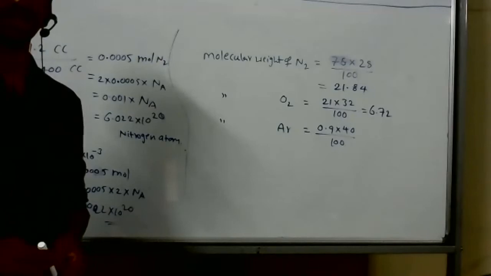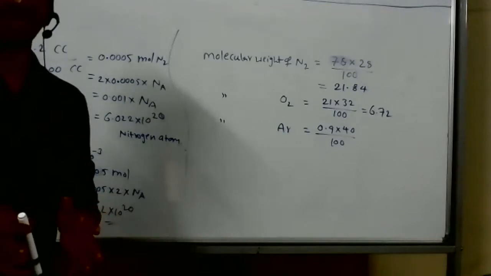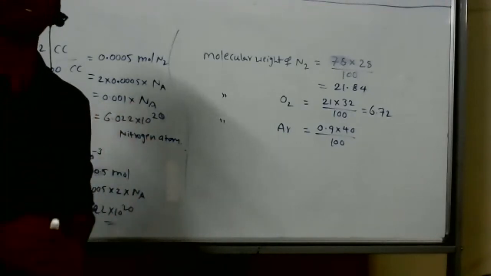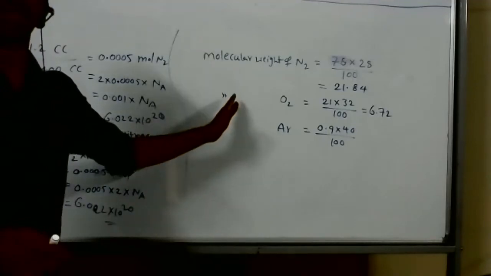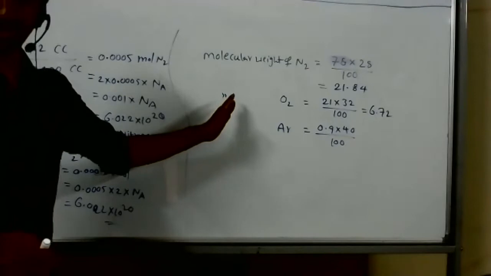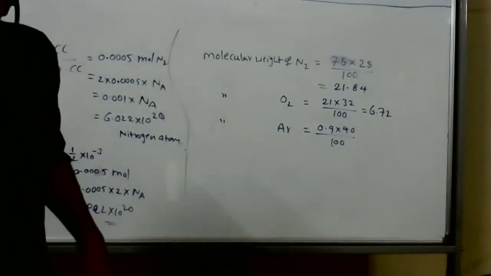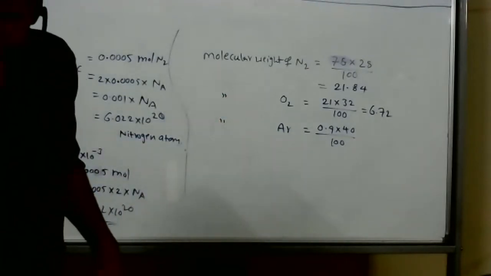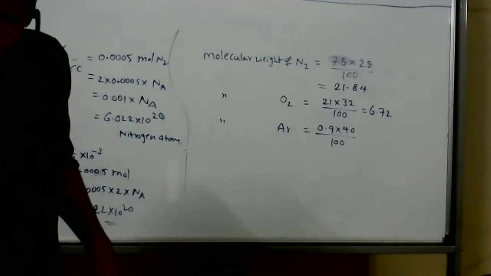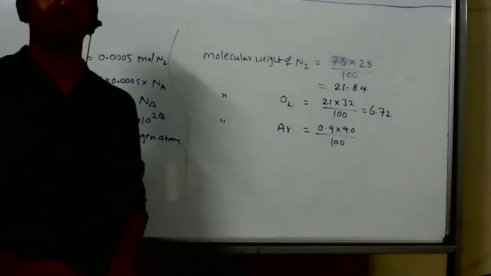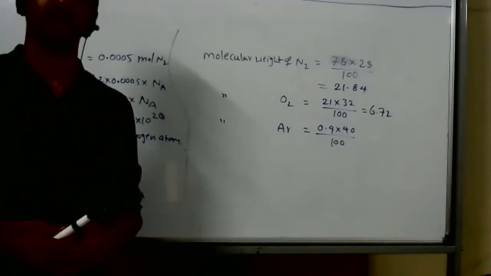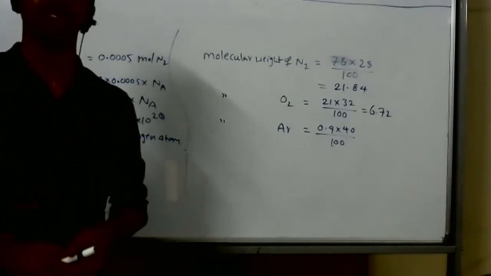The question is only asking the molecular weight of air, given the components as percentages. So if we mix nitrogen, oxygen and argon in those percentages, what is the weight of air?